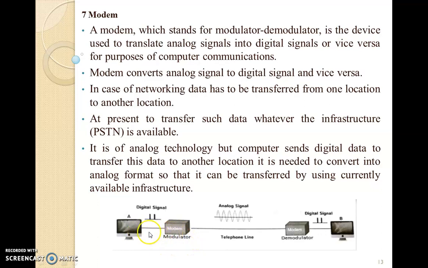It is attached to your computer system, and it converts a digital signal to an analog signal at the sender side. Okay, and at the receiver side, it reconverts the analog signal back to a digital signal. So this is termed modulation, and this is termed demodulation. A device which performs the task of modulator and demodulator is termed a modem device.